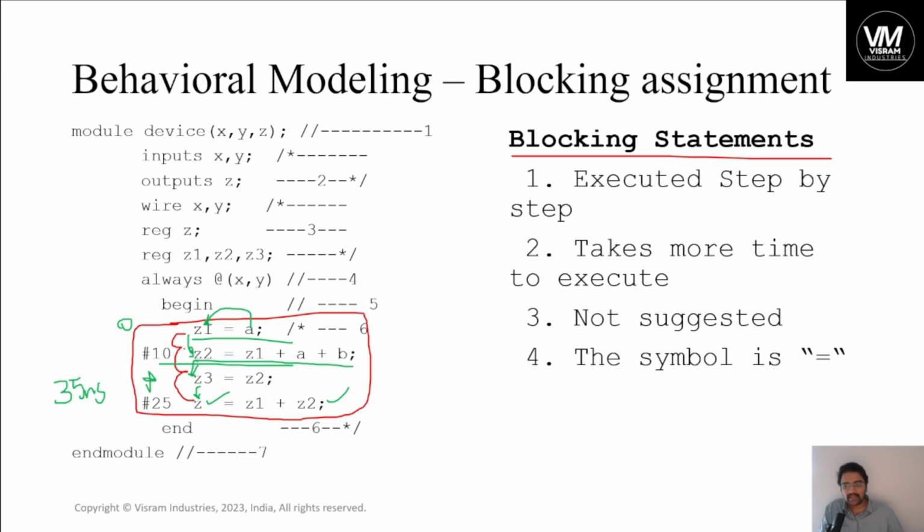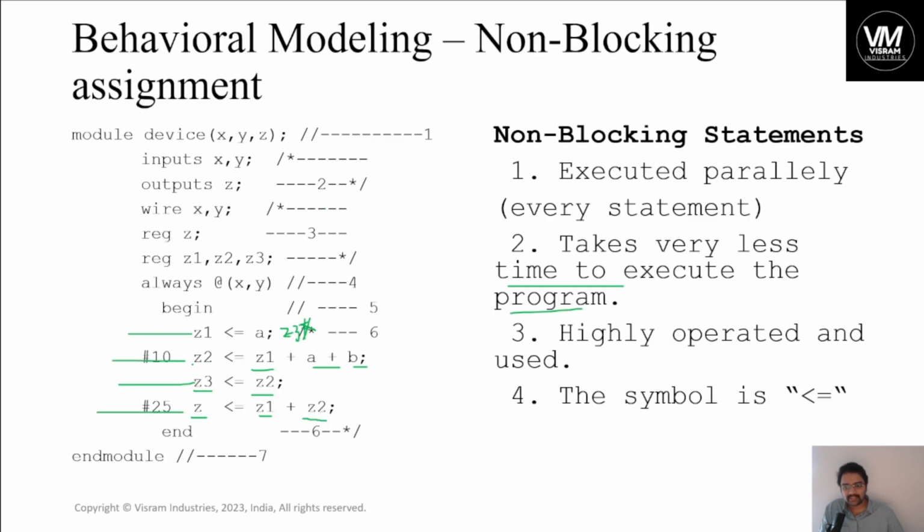But in the non-blocking assignment statements, at the 10th nanosecond you will see this data, and after the 25th nanosecond you will see this Z equal to Z1 plus Z2. So by the completion of the 25th nanosecond you will see the output.